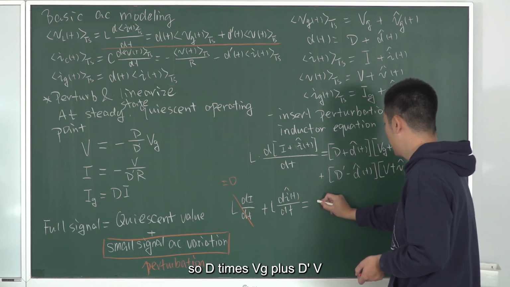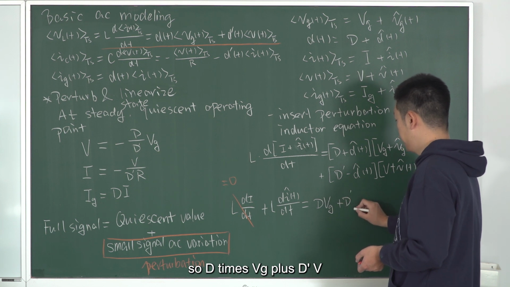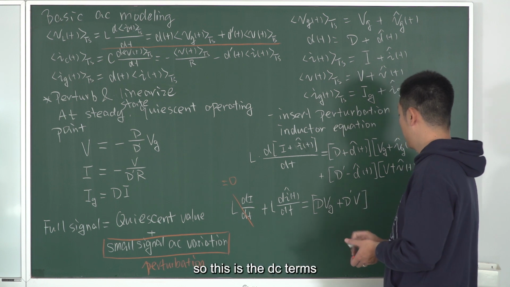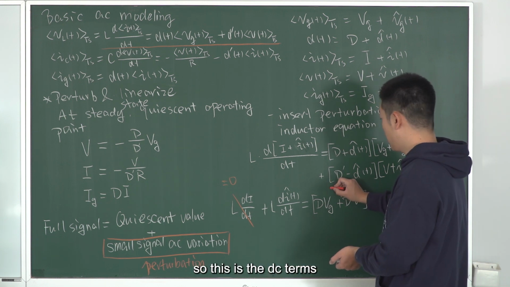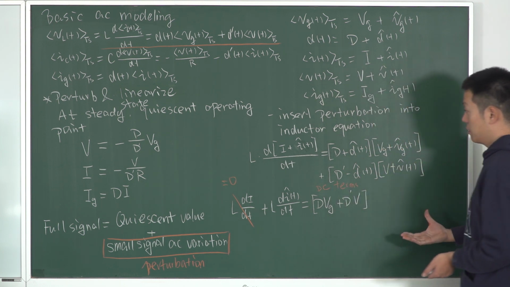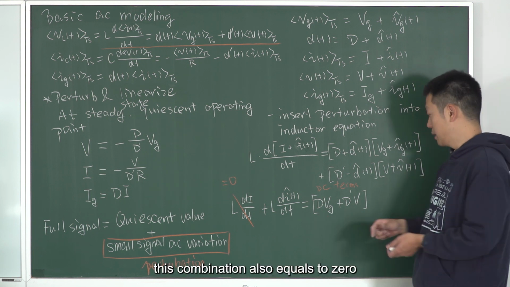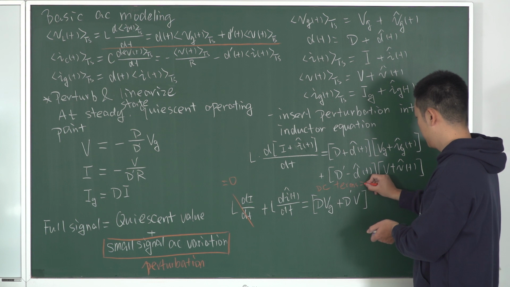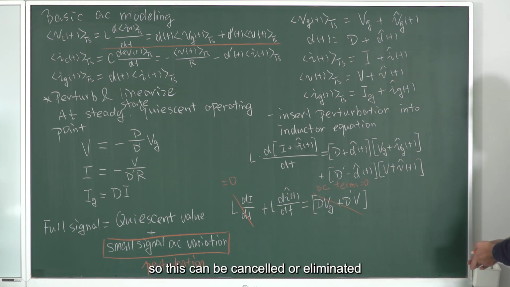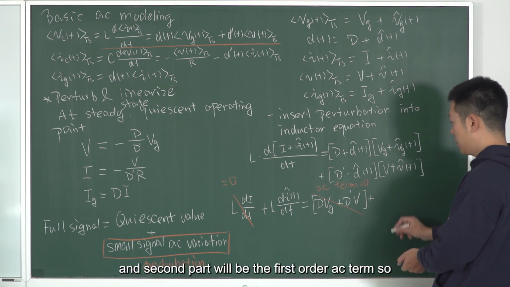So D times Vg plus D prime V. So this is the DC terms. Remember, for buck-boost topology, this combination equals 0, so this can be cancelled or eliminated. And second part will be the first order AC terms.